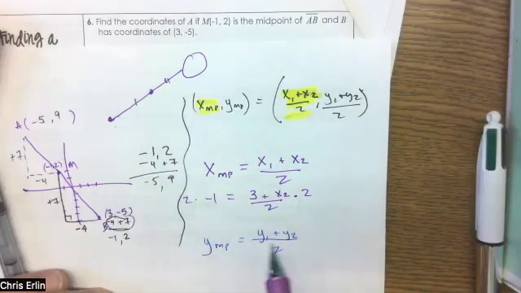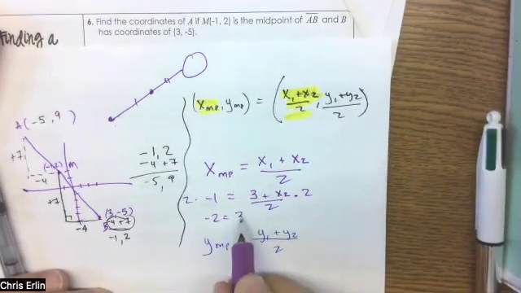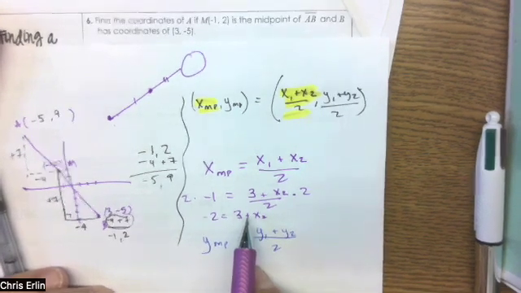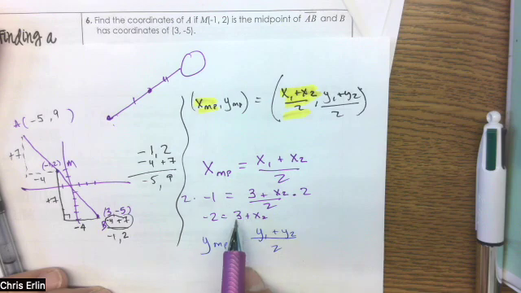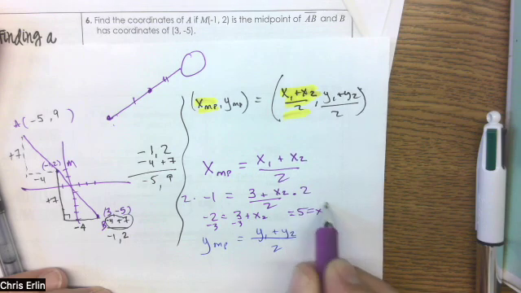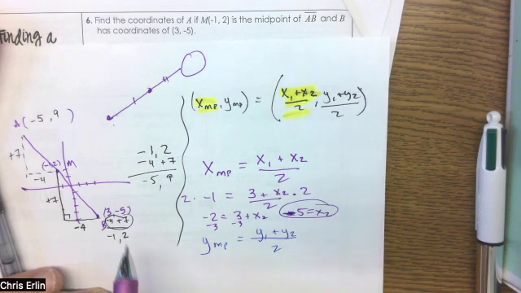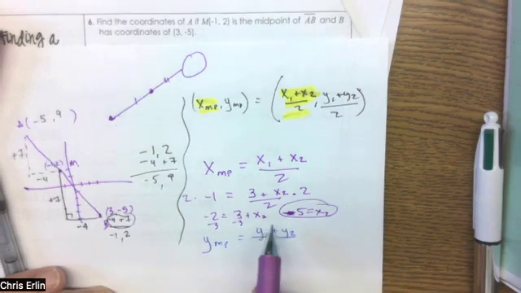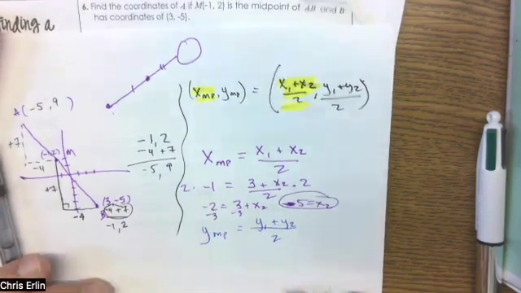Multiply both sides by 2, and I get negative 2 is equal to 3 plus x2. What do I do to get x2 all by itself? Subtract 3, and I get negative 5 is equal to x2. Isn't that what we wanted? No, because it's not square rooted. It's not squared. It's just the subscript of 2.